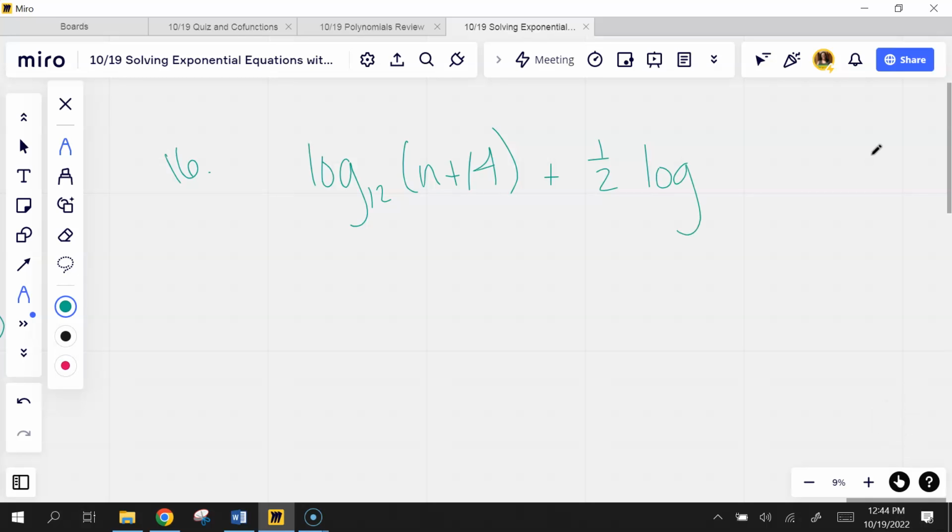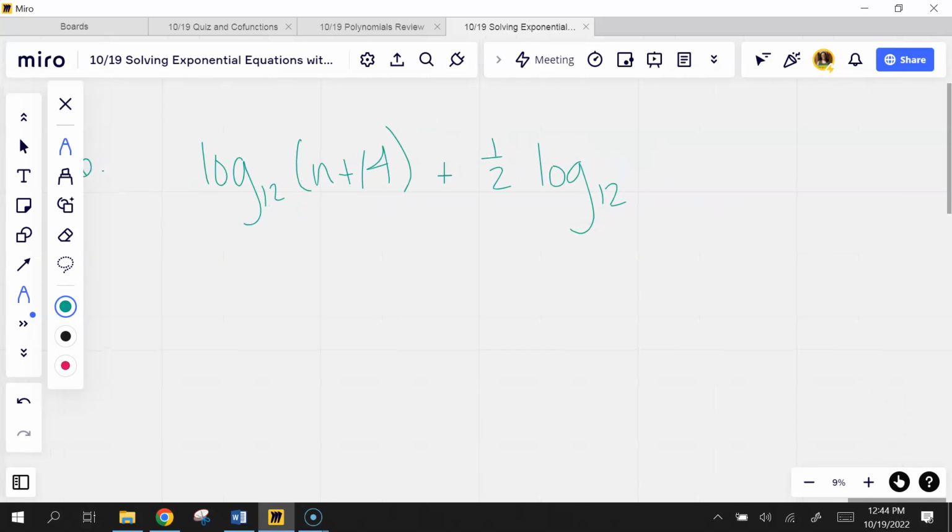I missed something there because y'all got deadly quiet after Carter says, whoa. Not surprised. All right, let's condense. Log base 12. This is multiply, right? 4n squared to the 1/2 is going to become 2n.